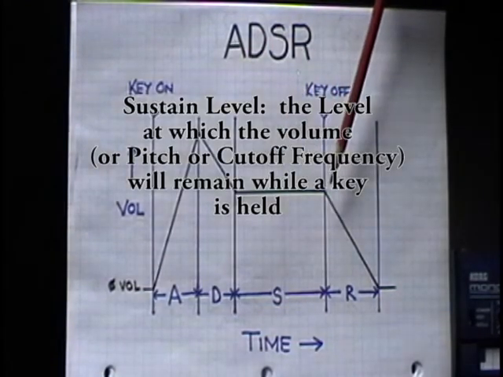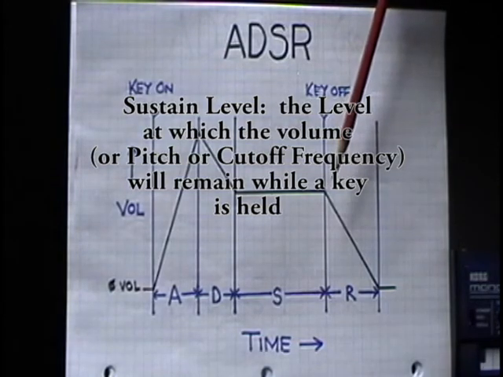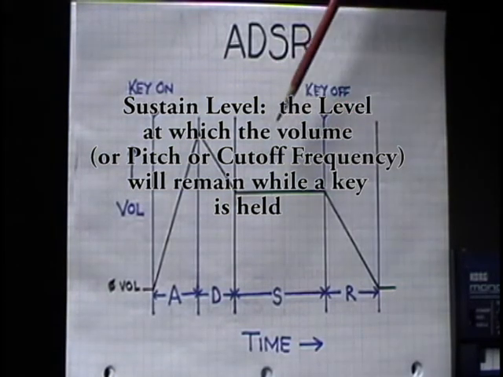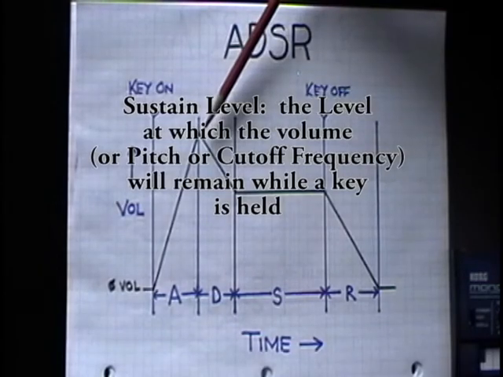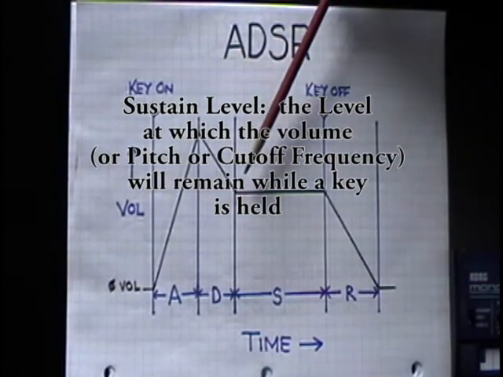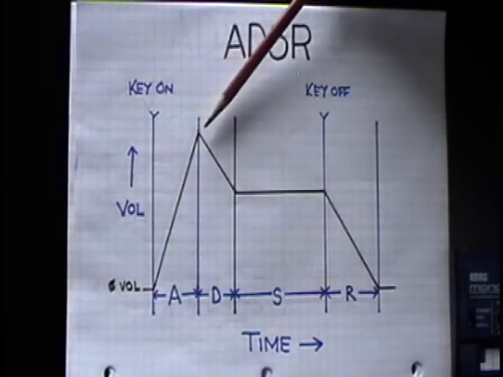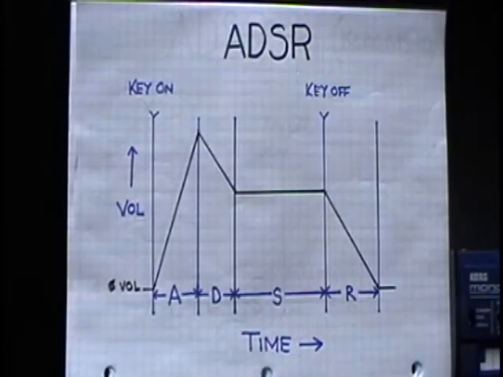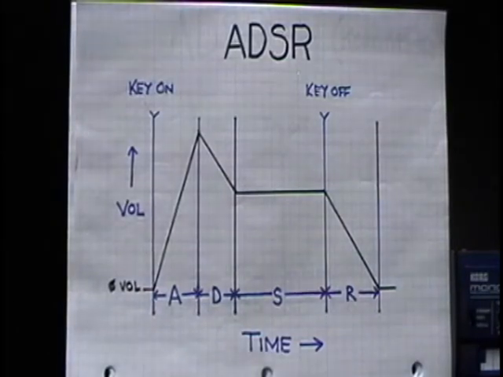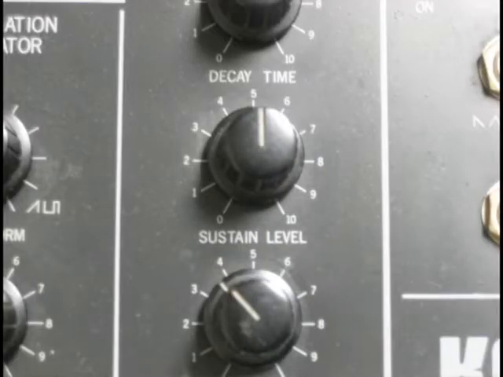It's a volume level. So if the sustain level is something less than the maximum, so if it's at 80% or 90% or anything below 100%, or on the Korg MS-10, you've got from 0 up to 10 sustain level.